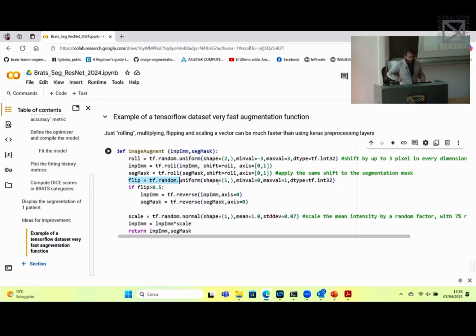As you notice, we are flipping only along one axis, the axis 0, and not along both axes, because, of course, front to back isn't the same.